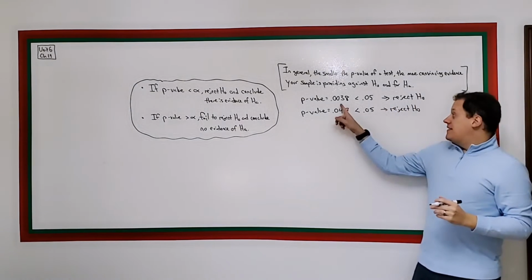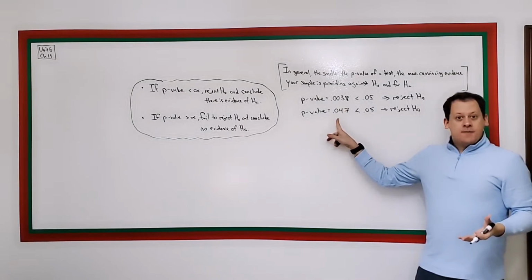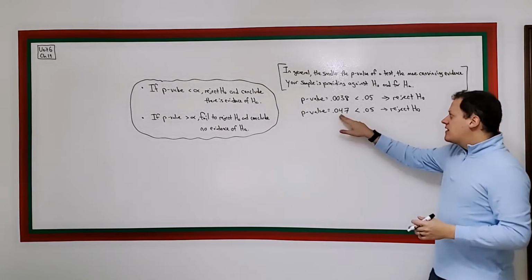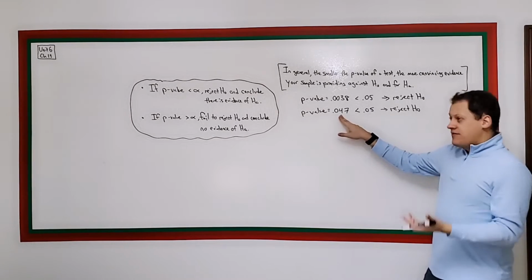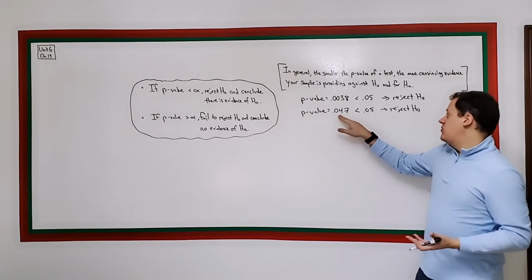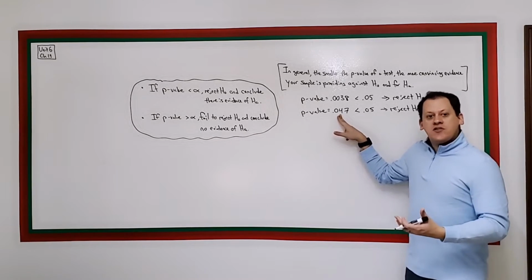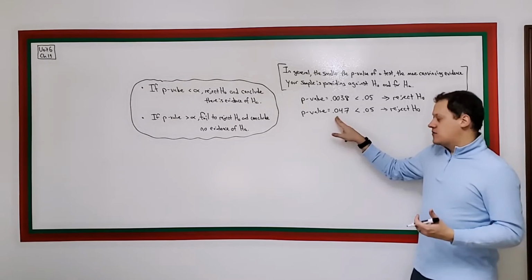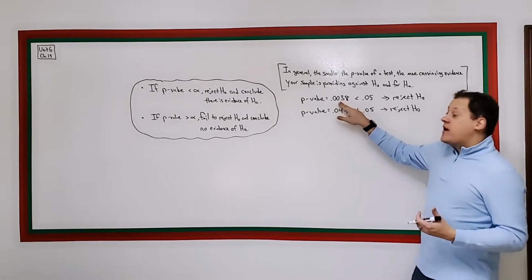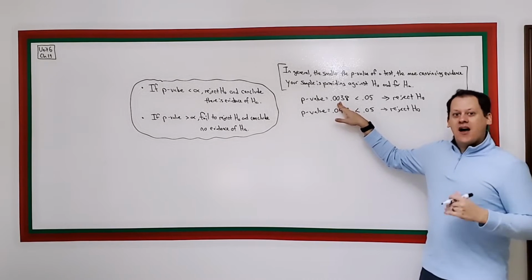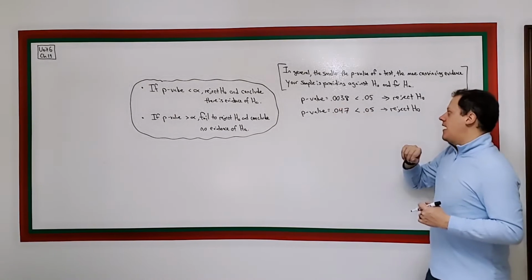But these two p-values are quite different. If you recall our interpretation of the p-value, this one means that given that the null hypothesis is true, there's a 4.7% chance of getting a sample result at least as high as this one. Whereas the one we actually did, there was only a 0.38% chance of getting a sample proportion at least that high.